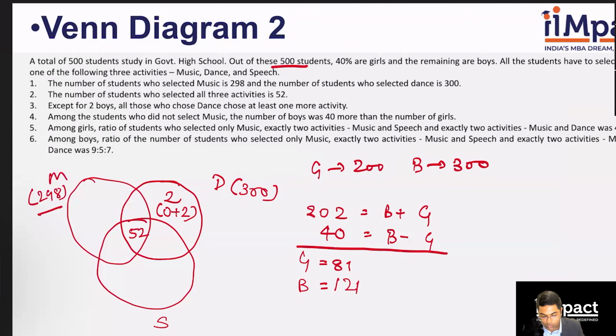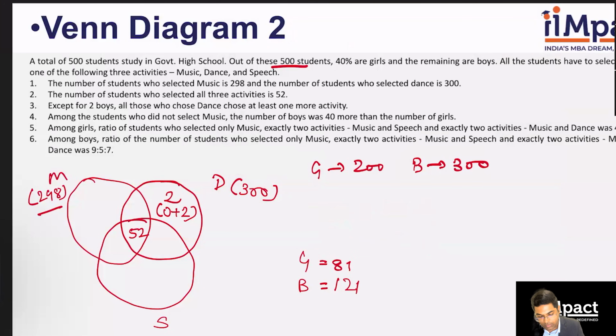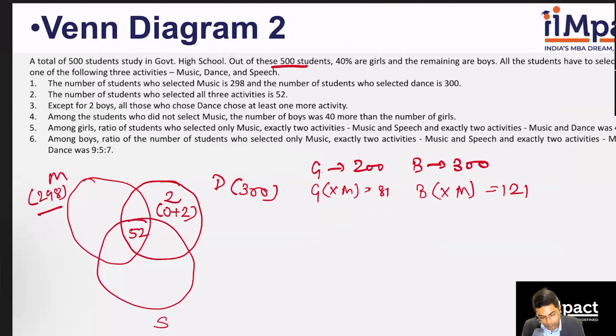So this is what I know from people who have not chosen music. Let's erase the rest of it and mention these things over here: girls who have not taken music is 81, boys who have not taken music is 121. Cool. What else do I know?